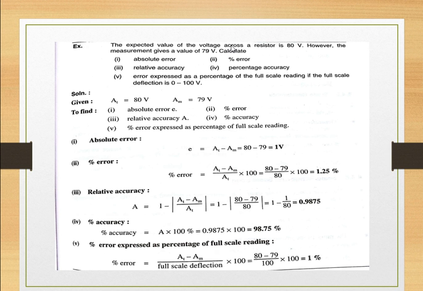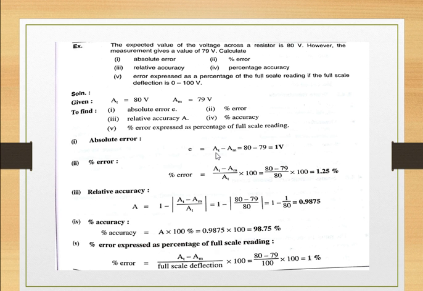What we have to do here is calculate all these 5 quantities. The expected value across the resistor is 80 volt, these are two important parameters, 80 volt, but while doing a measurement we are getting 79 volt. Now we have to calculate the absolute error first. What do you mean by absolute error?